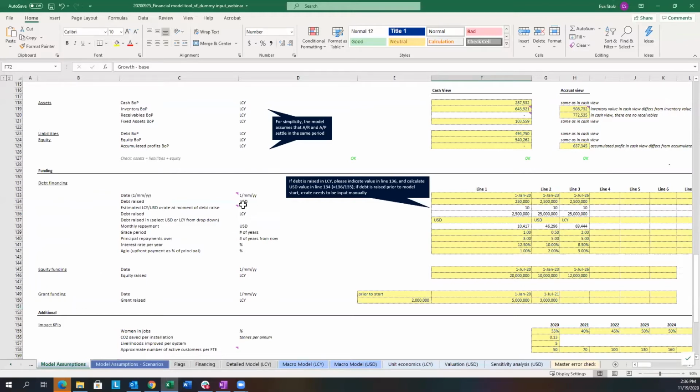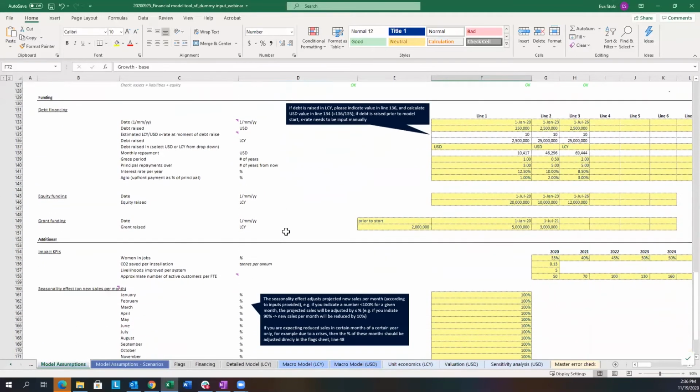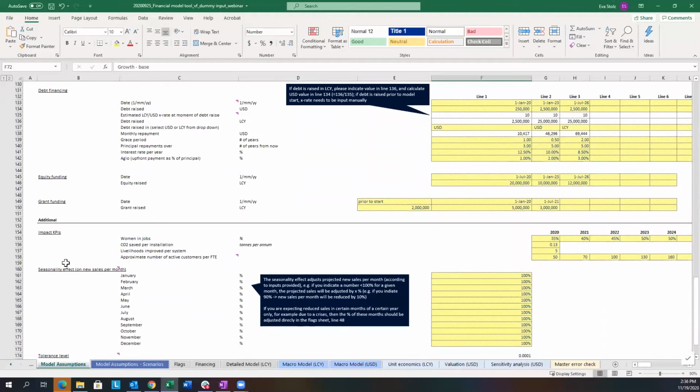For that, you can indicate whether you raise that in foreign currency or in local currency. I'll show you an example of the impact that might have on your business. And then finally, you can indicate some of the impact KPIs, such as the CO2 saved per installation and the livelihoods improved per system.